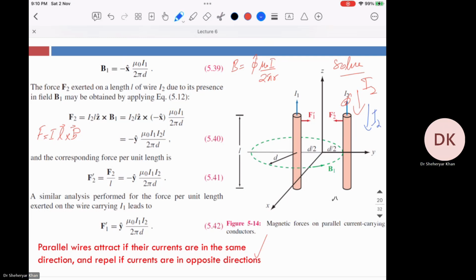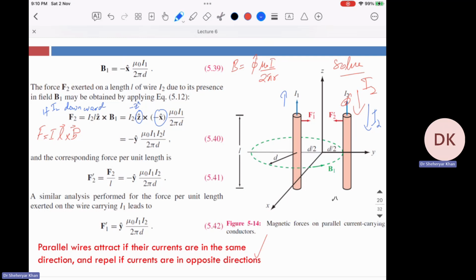Then the length of I2 that is going down is minus z. So the only change is this one because I1 is still going up, therefore no change here.